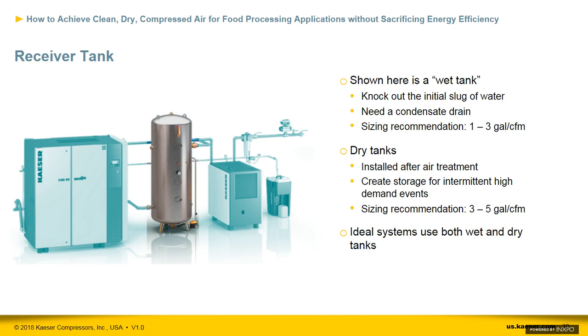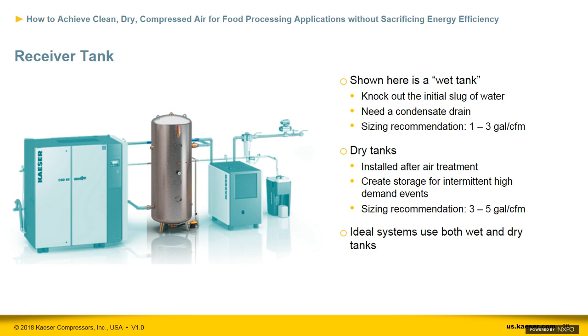The other option is to use the air receiver as a dry tank. This is installed after the cleaner treatment, and it creates storage to handle intermittent high demand events or surges. In order for there to be storage, though, the pressure must be higher than the operating pressure requirement at the point of use. Those tanks are typically sized at 3 to 5 or more gallons per CFM.